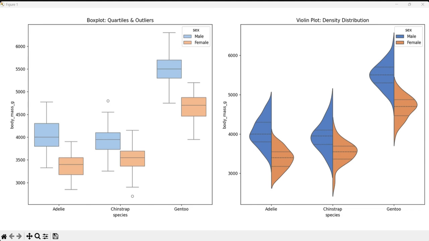The box itself represents the interquartile range, IQR, which contains the middle 50% of the penguins, and the top of the box is the 75th percentile. And the dots are the outliers. We can notice some small circles, like the one for female chinstrap. These are outliers, data points that are significantly higher or lower than the rest of the group.